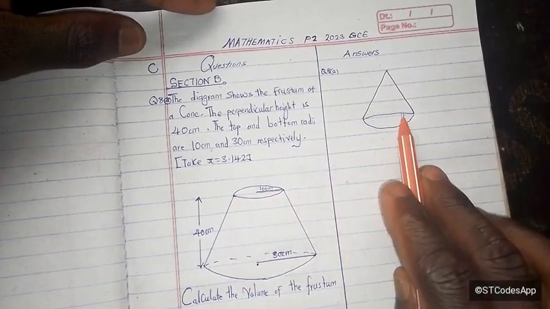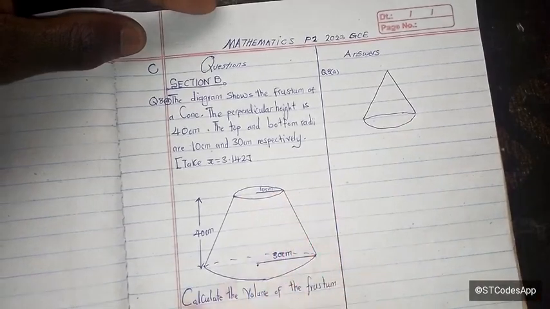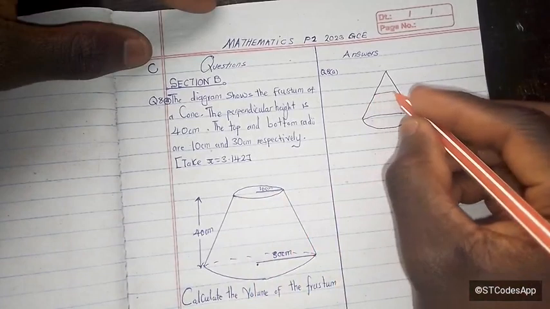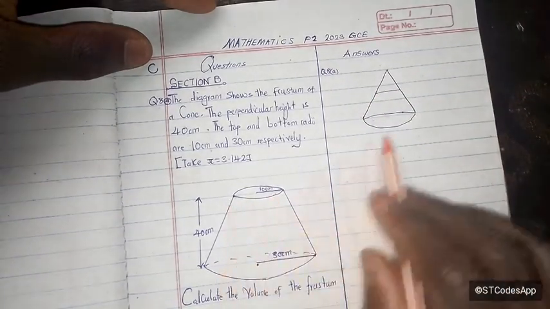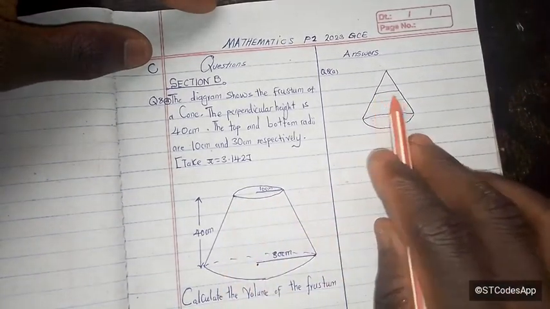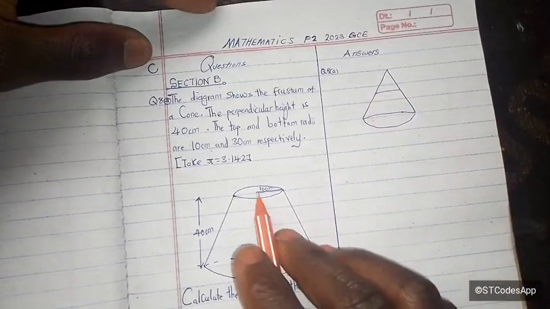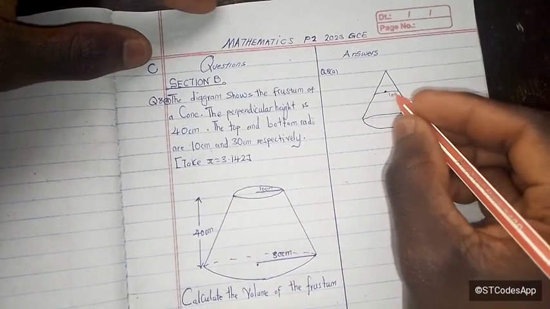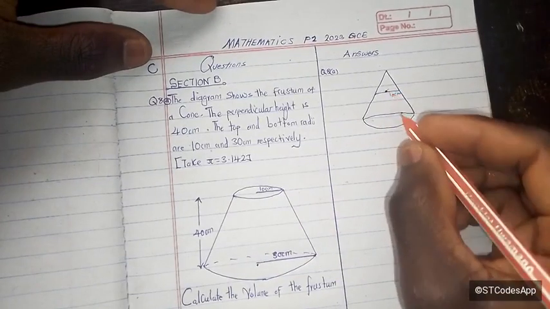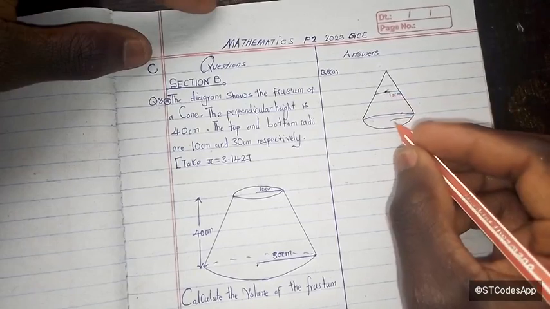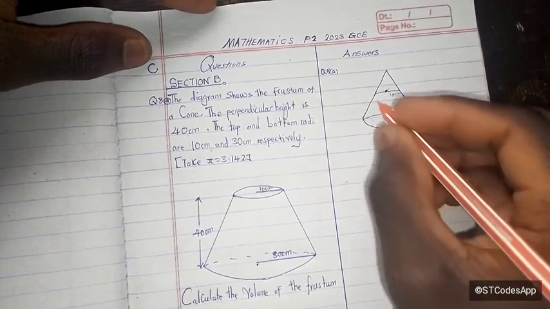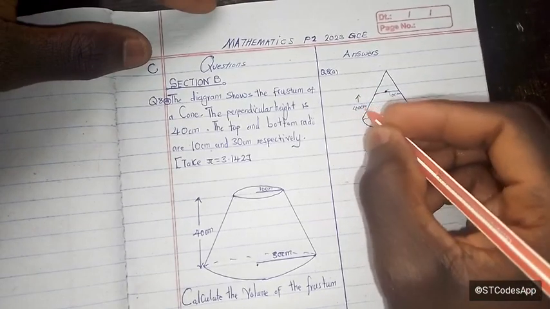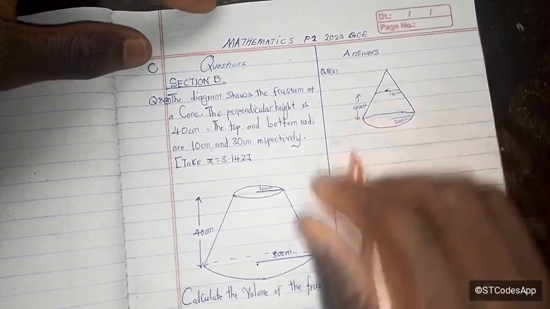Since it has been cut, I can imagine that the cone would end here. This part has a radius of 10 centimeters, here we have a radius of 30 centimeters, and the height we have is 40 centimeters from here up to here.